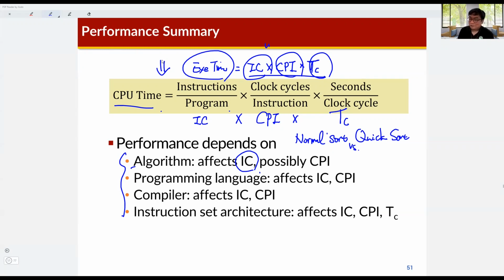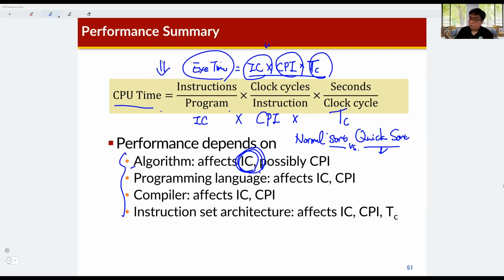We can expect that quick sort is faster than normal sort because its name has quick. But this is the same sorting application, we just apply a different algorithm. And this quick sort will be faster than normal sort. Why? If the quick sort is compiled, then it will generate a smaller instruction count. So the algorithm affects the instruction count.